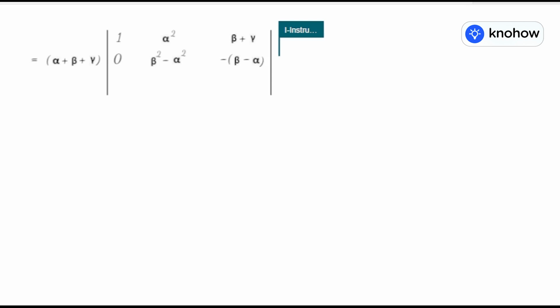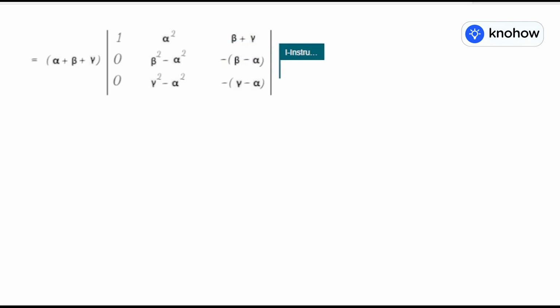So even to the third element, instead of writing alpha minus beta, we are writing minus times beta minus alpha. And likewise in the third row, you have 0, gamma square minus alpha square, and alpha minus gamma. So you take a minus common here only to make it gamma minus alpha, so that we can take it common from row 3.